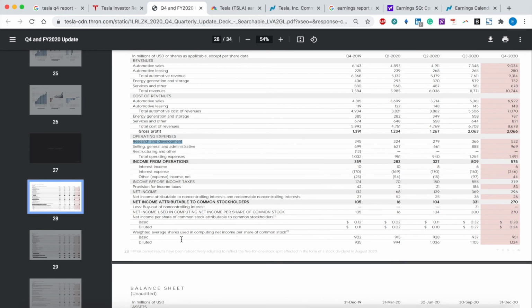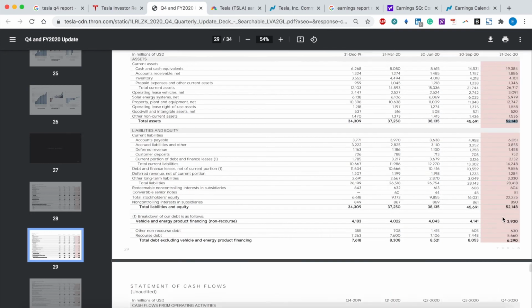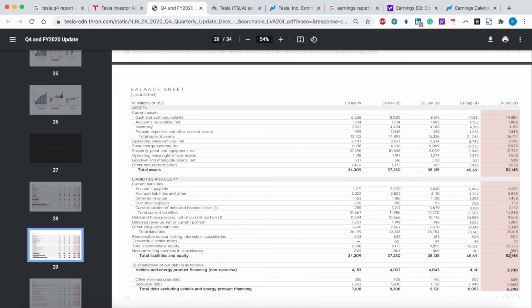Also, I love seeing assets in the company, especially one that's growing. It means that they're becoming more valuable over time. And something to compare to is their liabilities, because assets and liabilities kind of cancel out in terms of what you own versus what you owe.